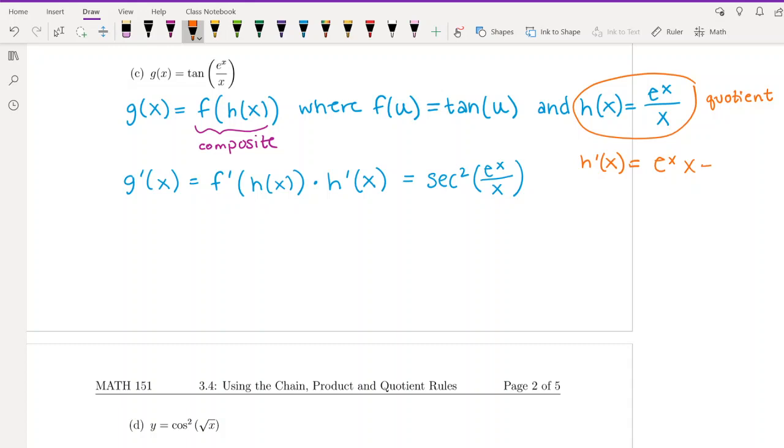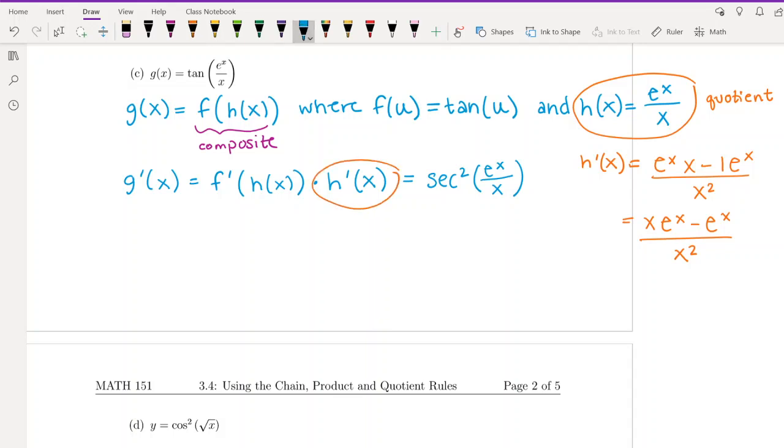From that, we subtract the derivative of the denominator, which is 1, times the numerator, which is e to the x. And that's all over x squared. A nicer way to write that would be x e to the x minus e to the x all over x squared. And that's what we're going to put in now for the second part of the chain rule.